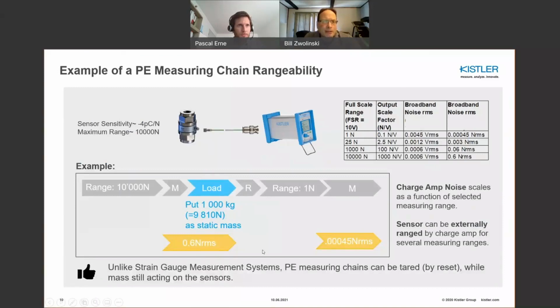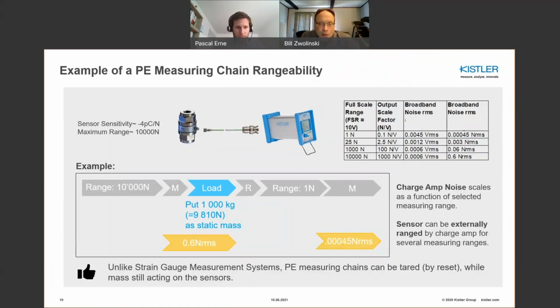The other thing I mentioned before with PE measuring chains is rangeability. By using a single sensor that's rated for 10,000 newtons, which is roughly 2,500 pounds, you can range the sensor to optimize the measurement. So if you're measuring high-level forces at 10 kilonewtons one day, and the next day you're measuring 1 Newton forces, you get a reciprocal benefit of broadband noise.